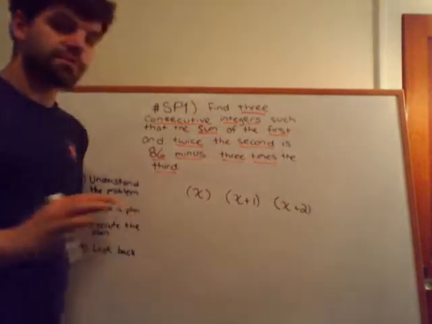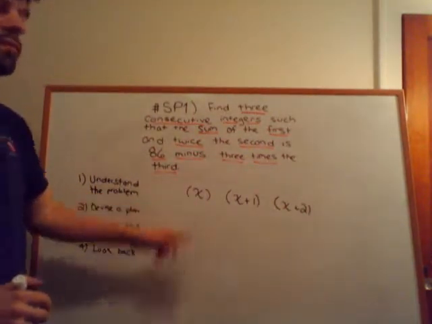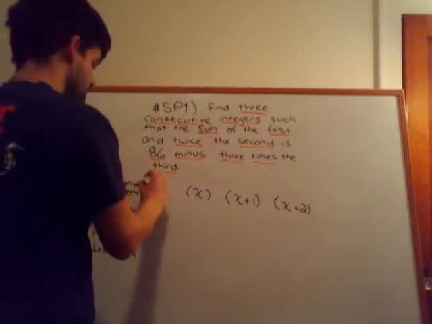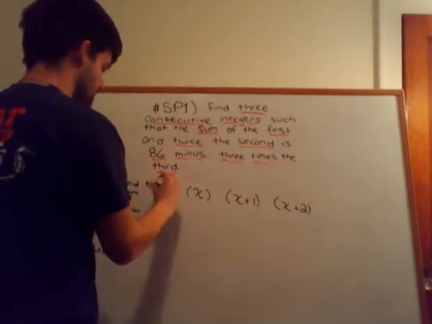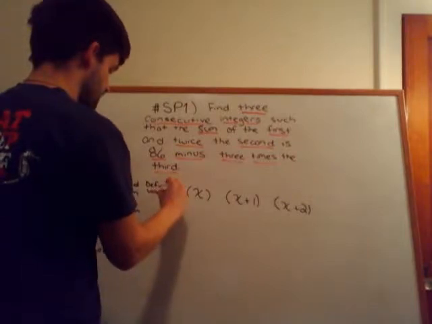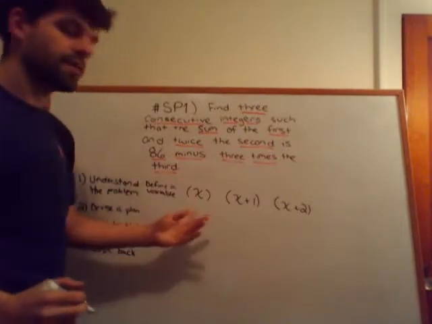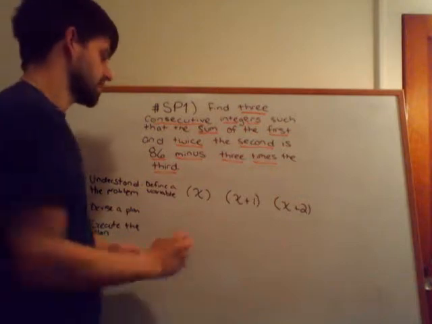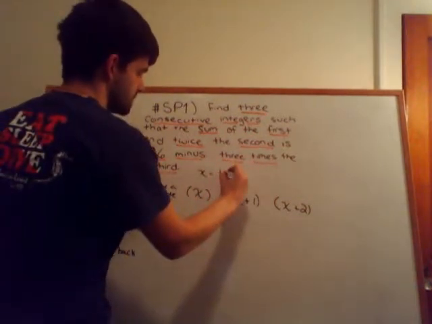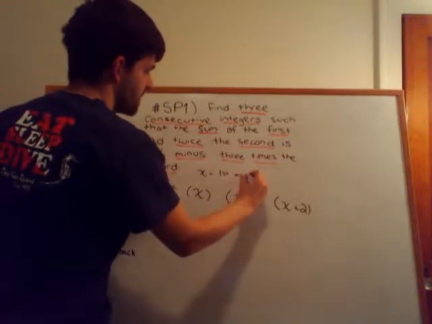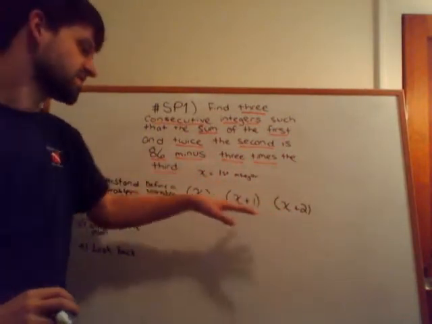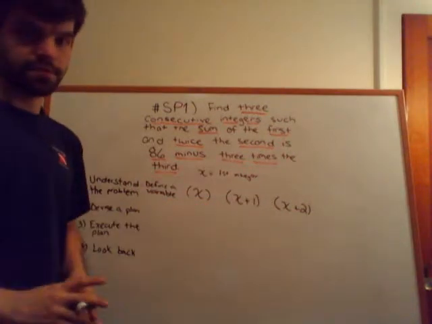So what I want to introduce to you here is that our variable is just the first integer. Okay? So this is define a variable. And in this case, x is just going to be our first integer. But notice how our second and third integers are directly related somehow to our first.